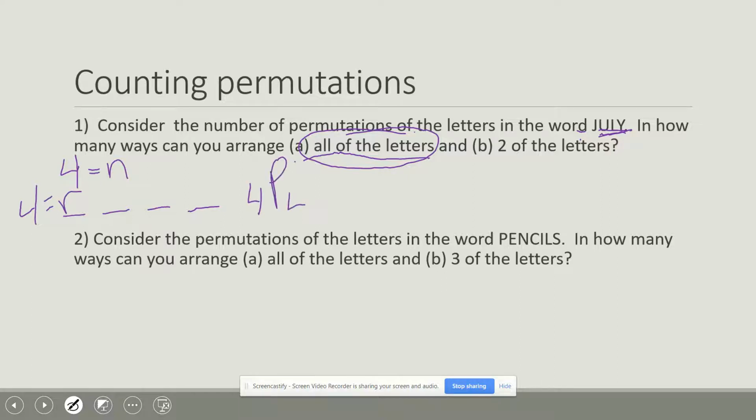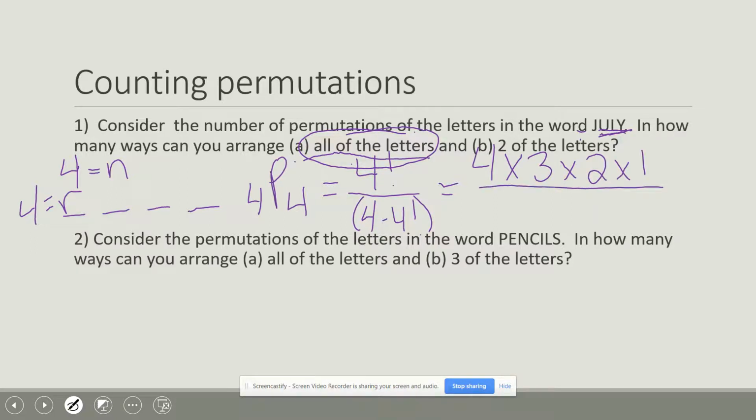Our equation would be 4P4 then. So we have 4 factorial over 4 minus 4 factorial. The top 4 factorial is 4 times 3 times 2 times 1. On the bottom, 4 minus 4 is 0 factorial, which is 1.